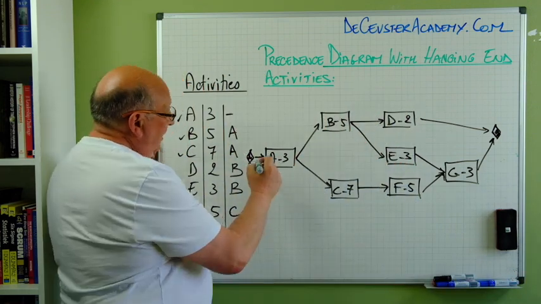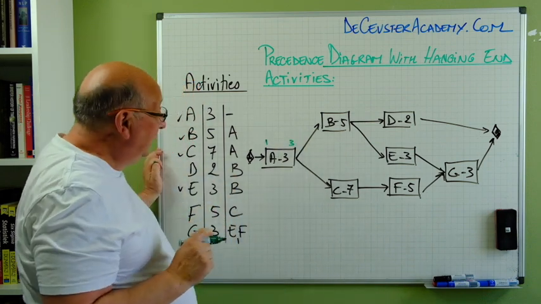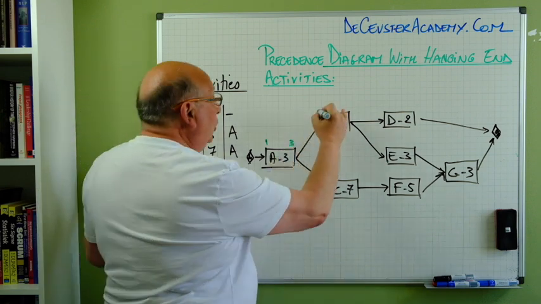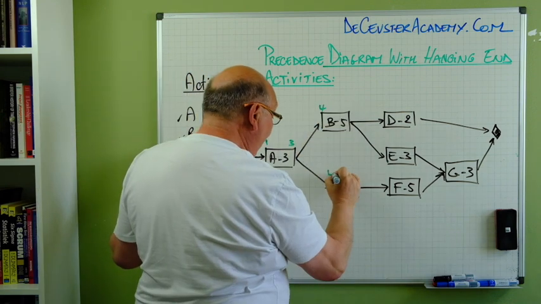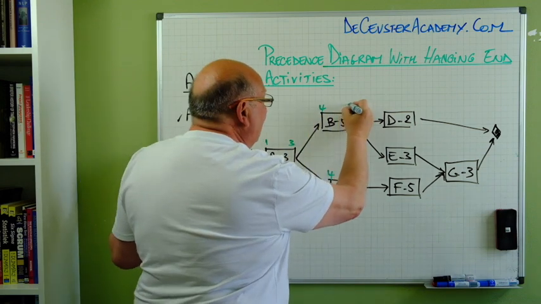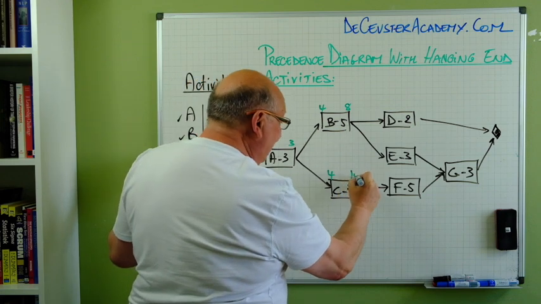So A starts at day 1, finishes at the end of day 3. The next activities can start the following day, which is 4 and 4. 4 plus 5 minus 1 is 8. 4 plus 7 minus 1 is 10.